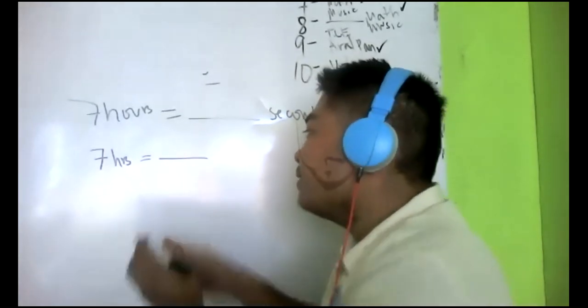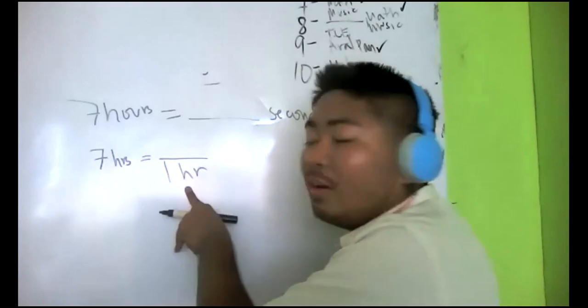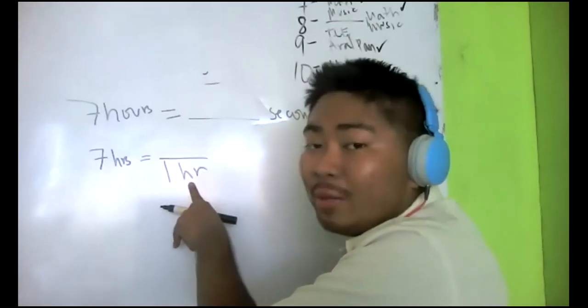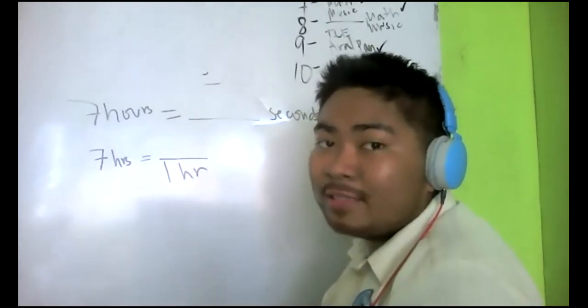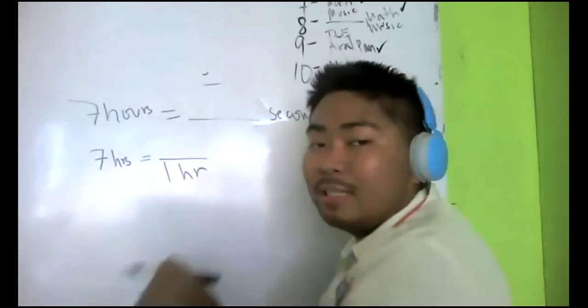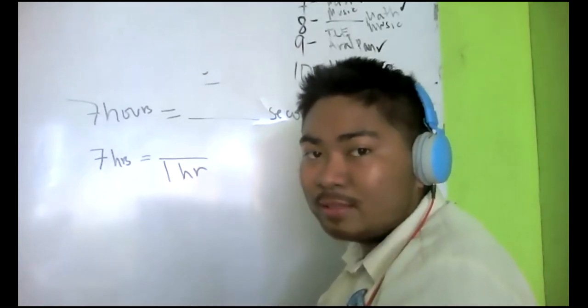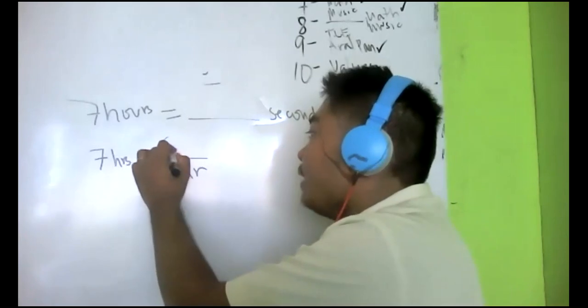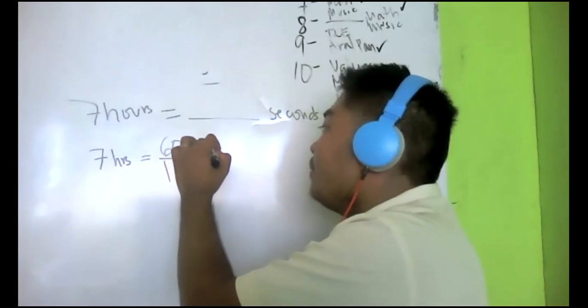The unit below is hour. So how many minutes in one hour? 60. There are 60 minutes.